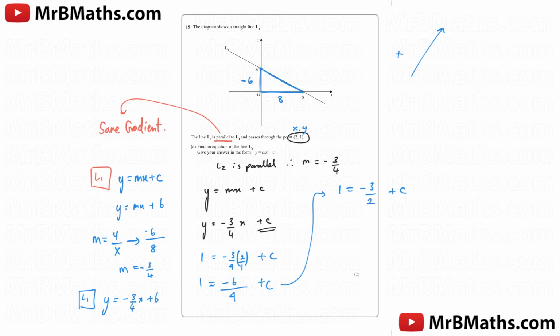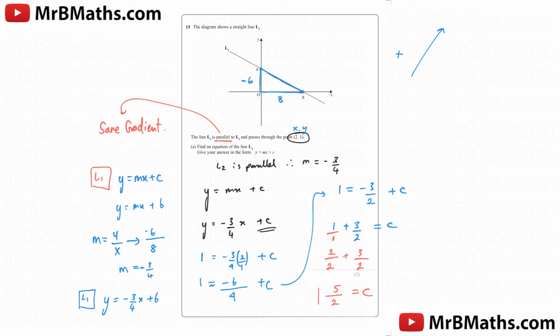And therefore we'd have 1 plus 3 over 2 equals c. Remembering our fractions, this would be over 1. We need to get the denominator the same base, so we're going to have that as 2. So that stays the same as 3, and this would change to 2. So 2 plus 3 would give us 5, so we'd have 5 over 2 equals c.